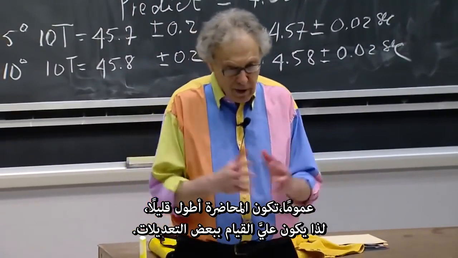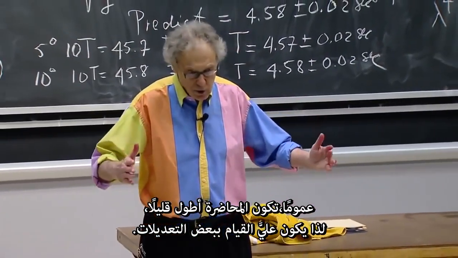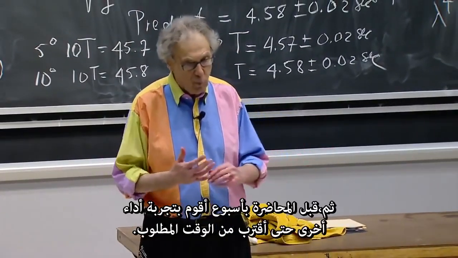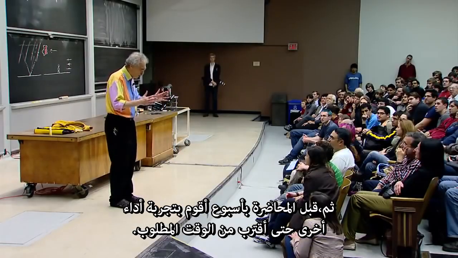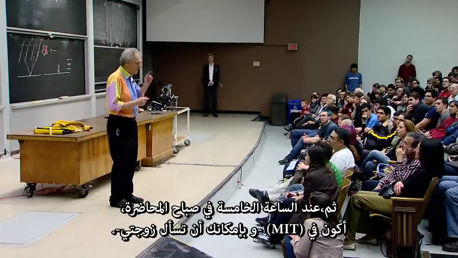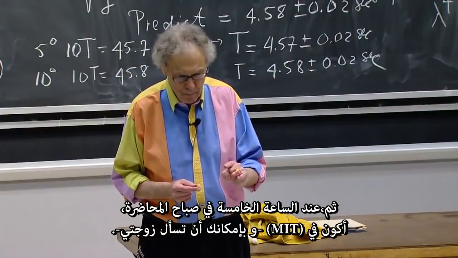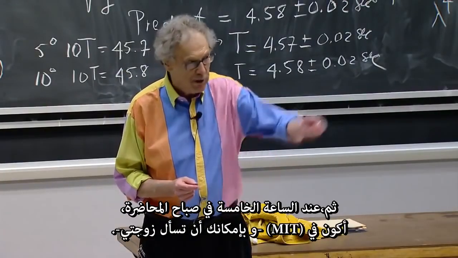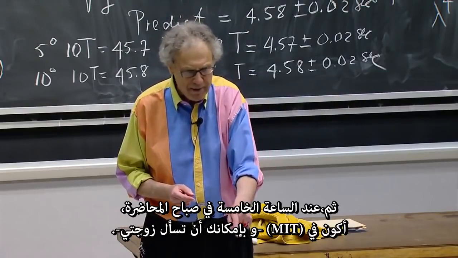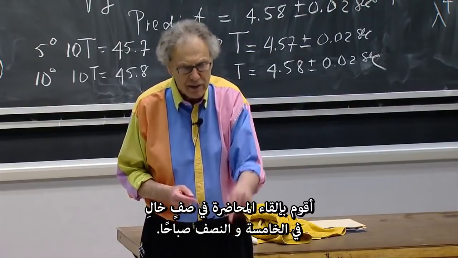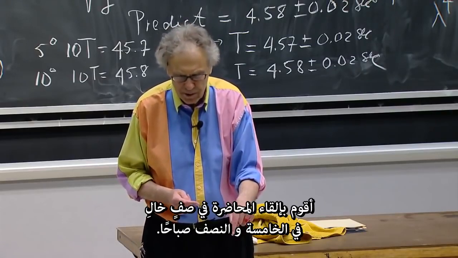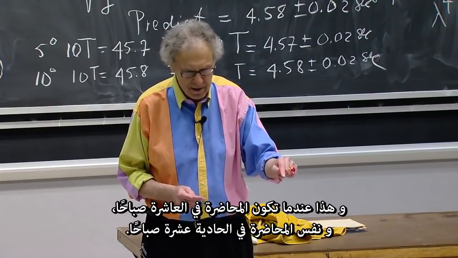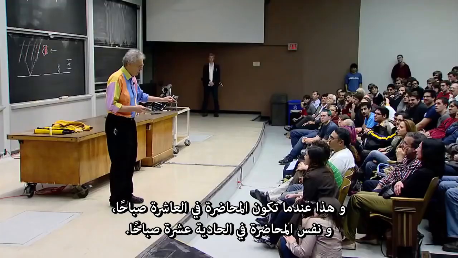In general, the lecture is then a little bit too long, so I have to do some surgery. Then 1 week before the lecture, I dry run again. Then I'm very close to the time. And then 5 a.m. of the morning of the lecture, you can ask my wife, I am at MIT, and I give the same lecture, dry run for an empty classroom at 5:30 in the morning, when the lecture is at 10 and the same lecture is at 11.